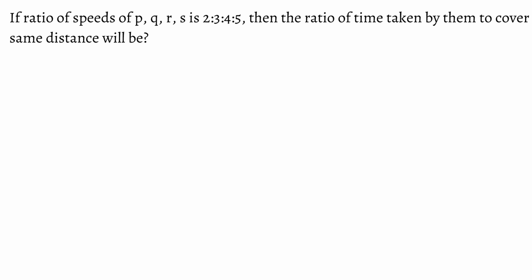Let's solve this simple example. If the ratio of speeds of P, Q, R and S is 2 is to 3 is to 4 is to 5, then the ratio of time taken by them to cover the same distance will be? Here we know that speed is inversely proportional to time. The ratio of speeds is 2:3:4:5.